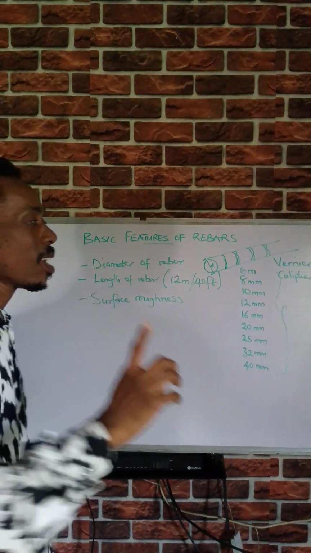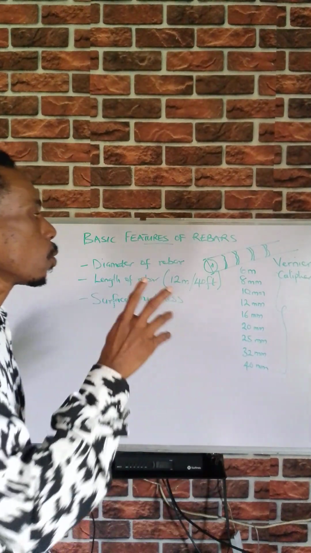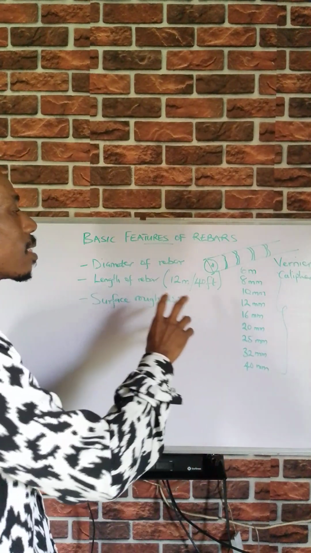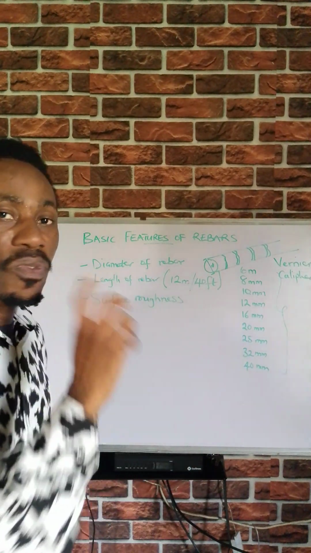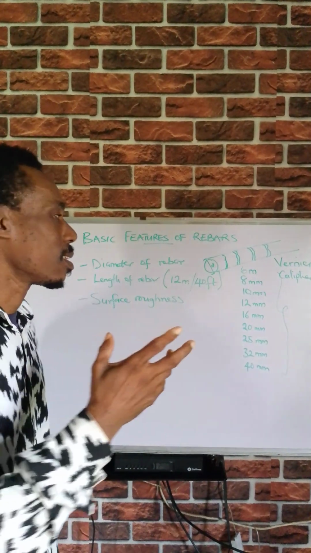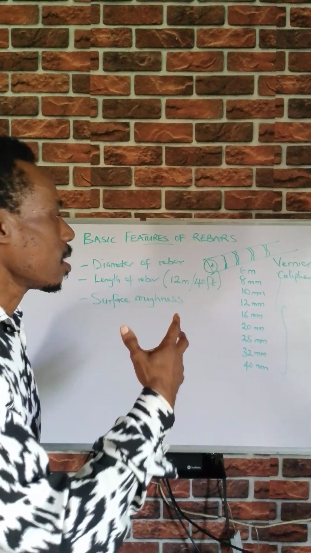So surface roughness is very, very important that we look at it. Now you see in some brands of our reinforcement, the roughness is mild, and in others you see it more.